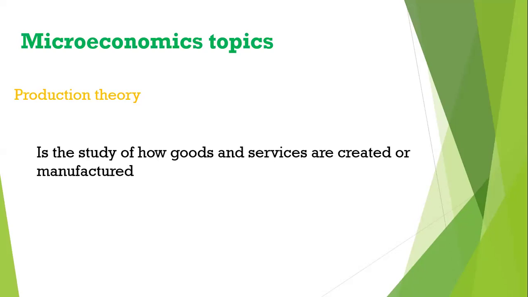Another microeconomic topic, production theory, is the study of how goods and services are created or manufactured. Most of the time we have the production frontier, which is used to compare the resources that the company has versus how much they can produce, trying to study the potential of that company.